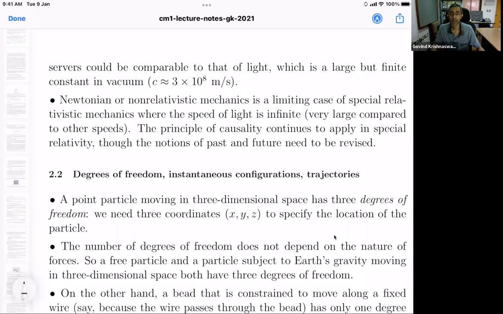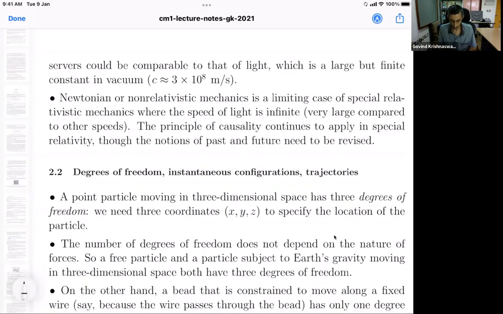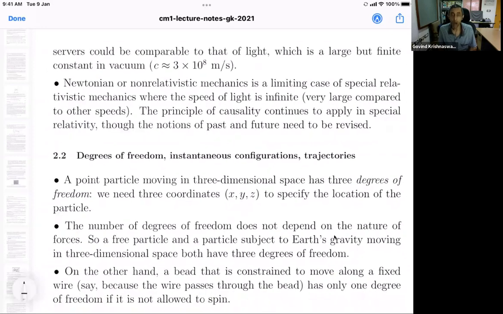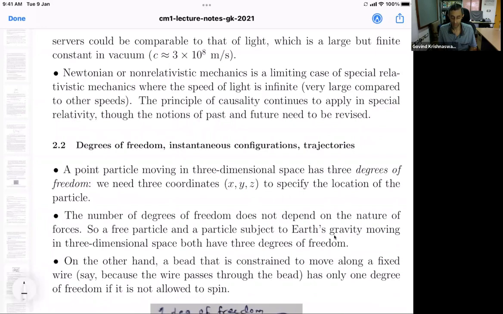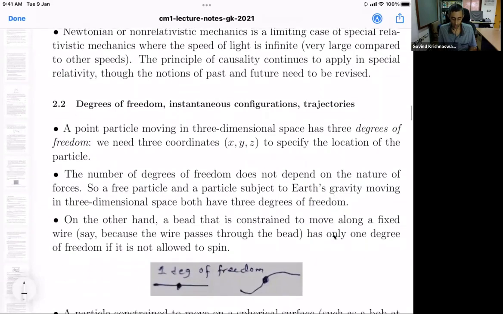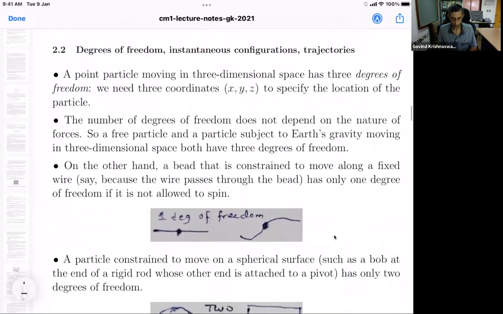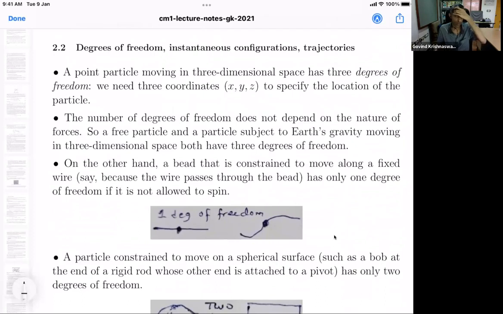And that simply says that you cannot send a signal from an event to an event that precedes it. So these were some basic assumptions that go into non-relativistic or Newtonian classical dynamics. Now, in this lecture, I intend to introduce some additional concepts.